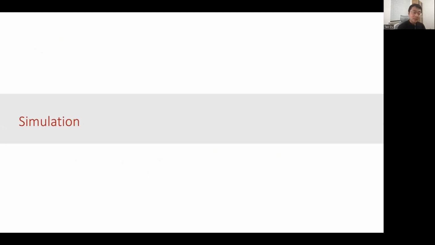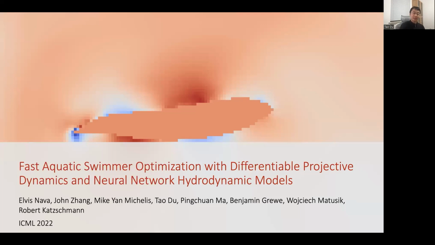Okay, so I have explained some tricky parts and some subtleties in modeling solid fluid coupling. And next, let me move on to simulating such a system and share our findings using this paper published last year with our robotics colleagues.